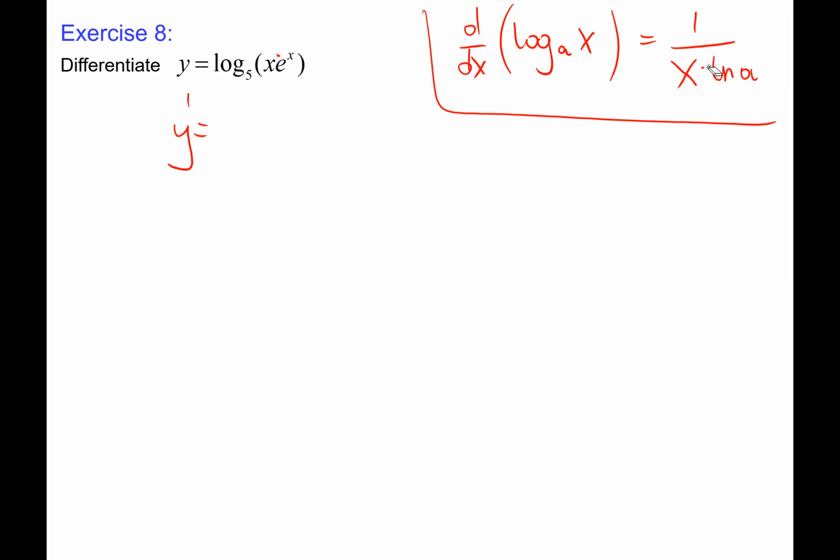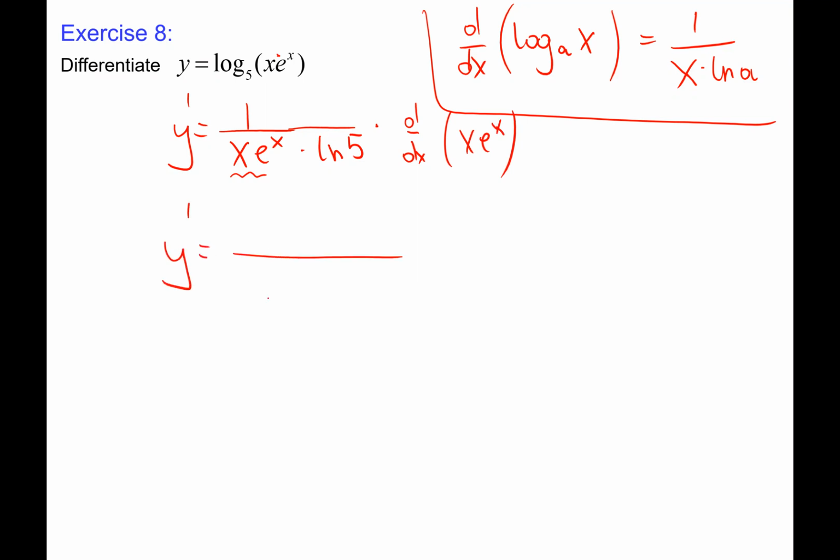Okay, so we will have derivative of log base 5 of x e to the x. It will be 1 over x e to the x and times ln of 5, and times derivative of that guy, because that's the chain rule.